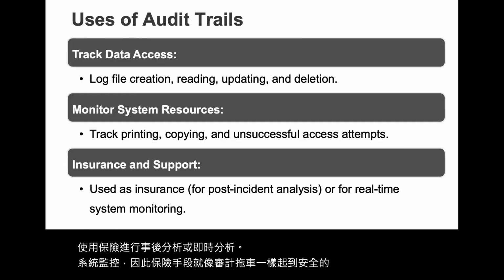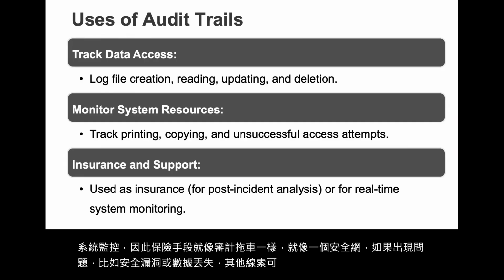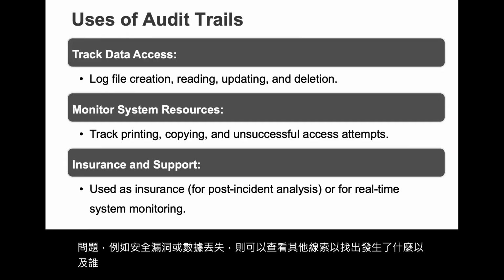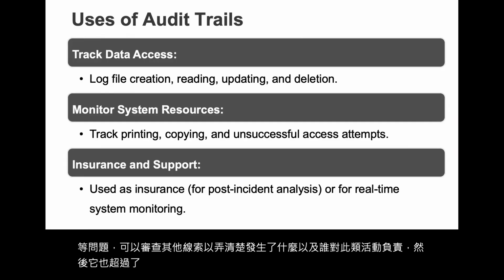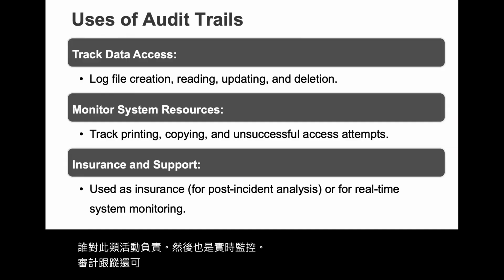If something goes wrong, like a security breach or data loss, the audit trail can be reviewed to figure out what happened and who was responsible for this kind of activity. And then it's also for real-time monitoring. The audit trails can also be used to monitor the system in real time to help to detect and to respond to any issue that happens.